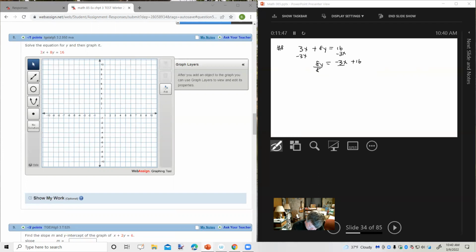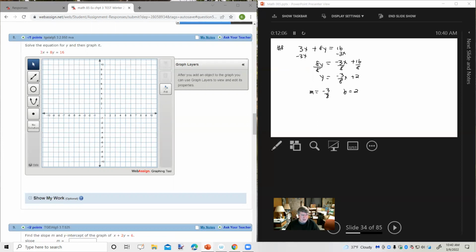Then I'll divide each piece by 8. So that's slope-intercept form, y equals mx plus b. So what do I know? I know the slope is -3/8 and the y-intercept is 2.